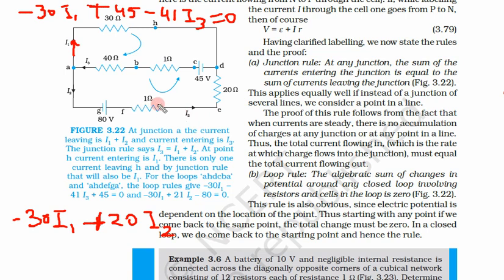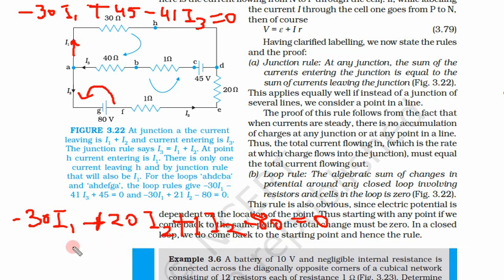Then we get to this point. Again the current is I2, but the direction of the current is opposite. We are going in this direction, the current is going in this direction, so positive. And here the potential is decreasing, that means minus 80 is equal to 0.